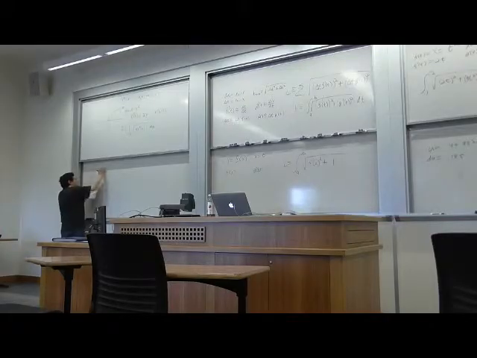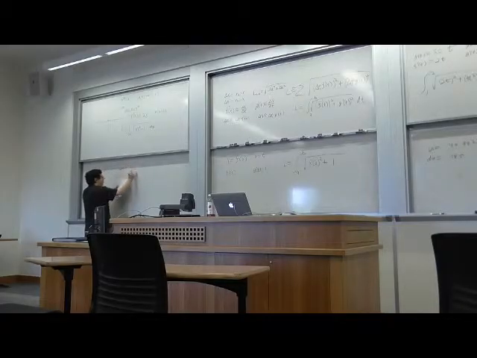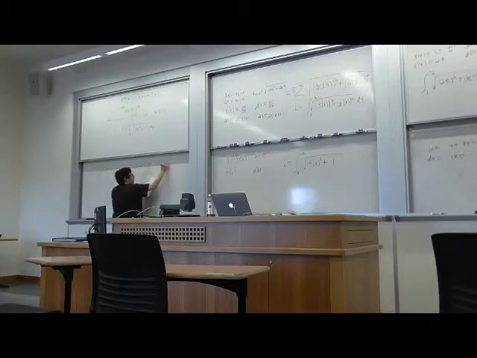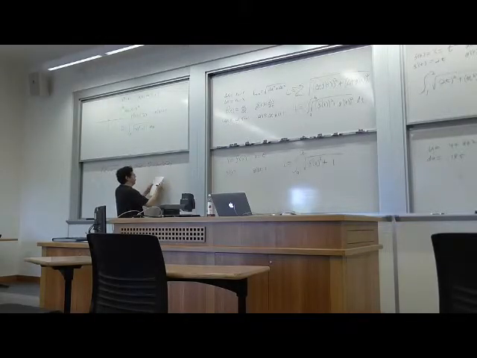So the formula from the table in the back of the book is the integral of the square root of a squared plus u squared du equals u over 2 square root of a squared plus u squared plus a squared over 2 log of u plus square root of a squared plus u squared, plus c.